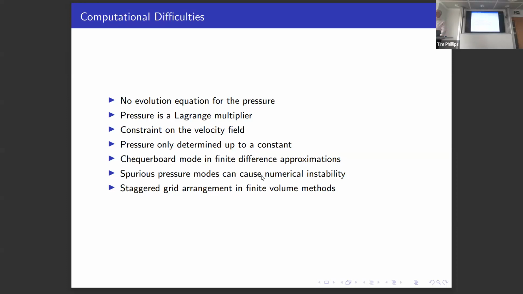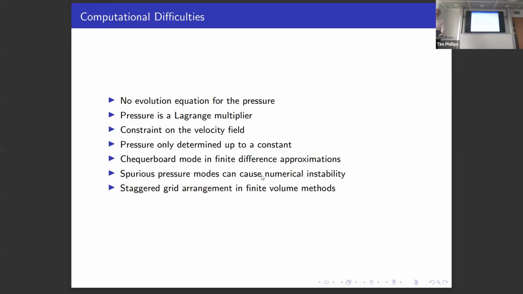This can give rise to oscillations in the numerical approximations. So we need to avoid the onset of a checkerboard mode in the pressure. If these do occur, they can cause numerical instabilities, and that, of course, is a disaster.